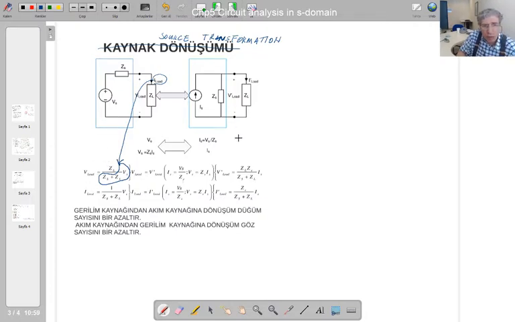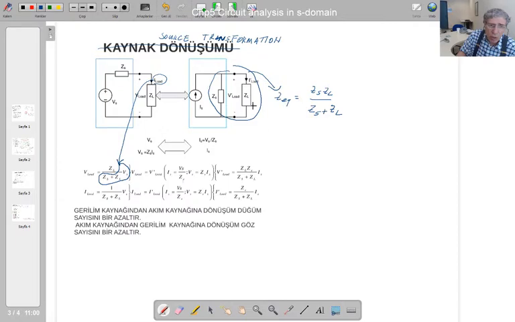I am moving now to the right hand side. This ZS and ZL are connected in parallel, so the equivalent Z is ZS times ZL over ZS plus ZL. So that's the impedance here.